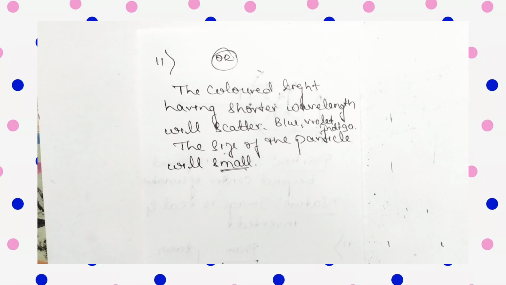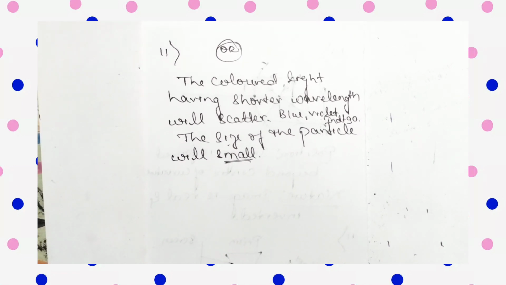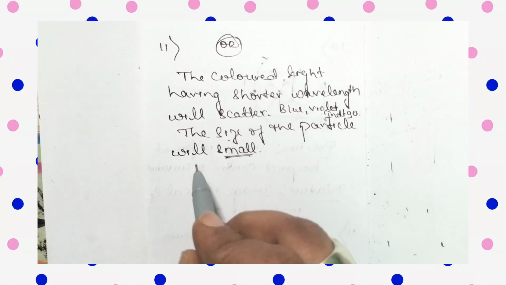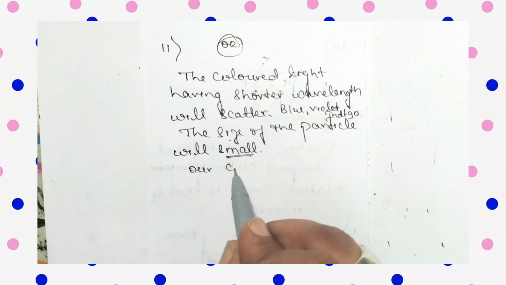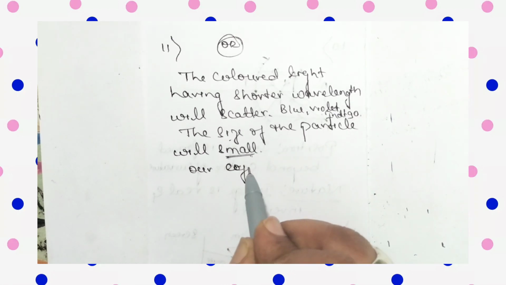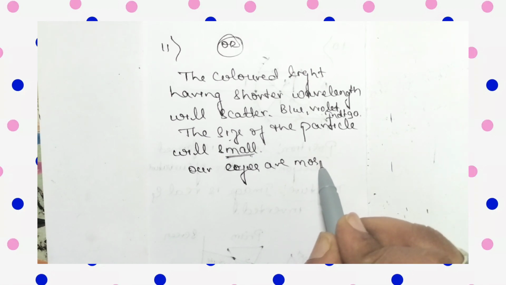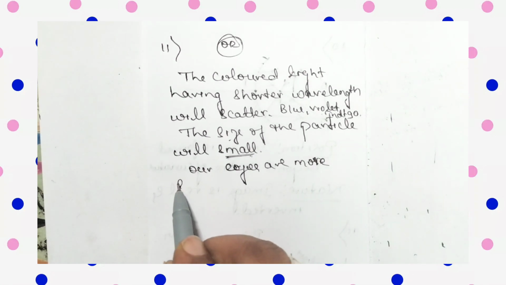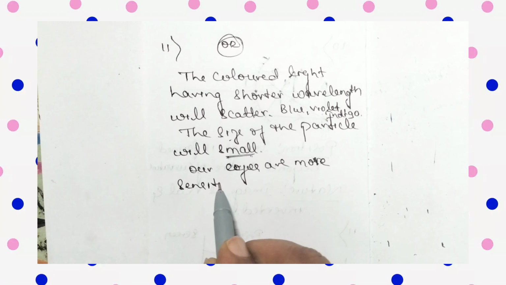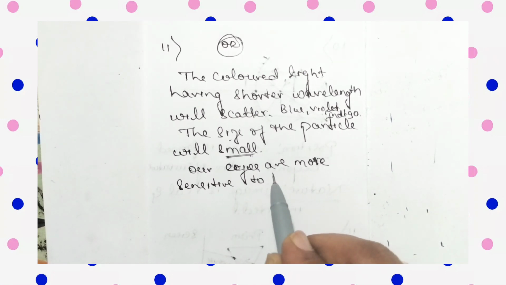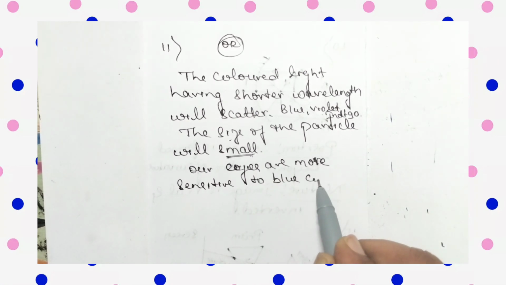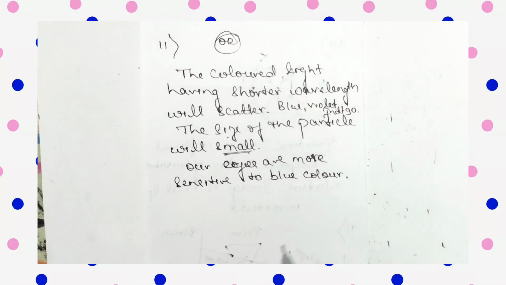Okay, so now let us explain why the color of the sky appears blue. Our eyes are more sensitive to blue color. Now let us explain why the sky appears blue.